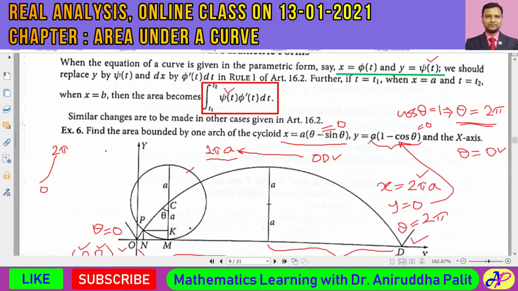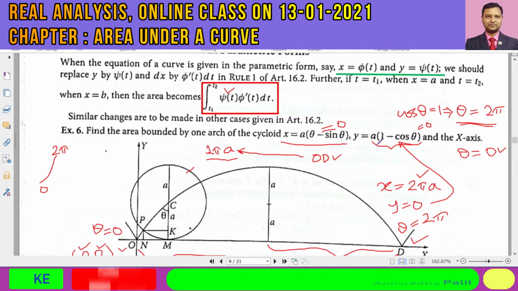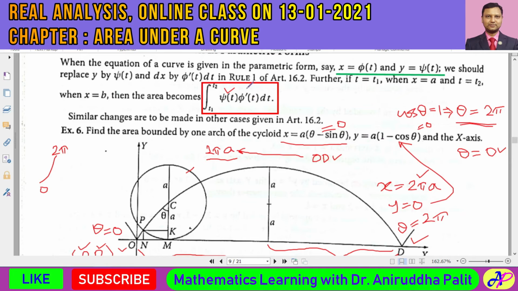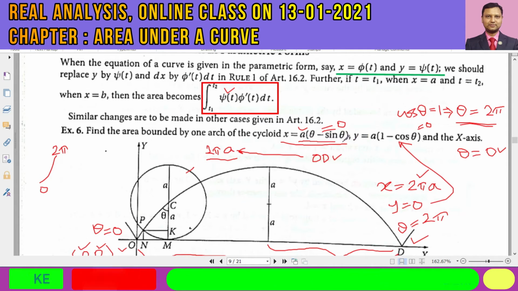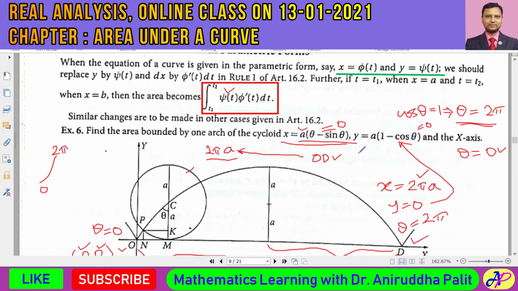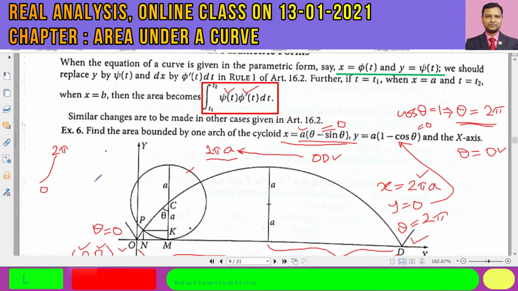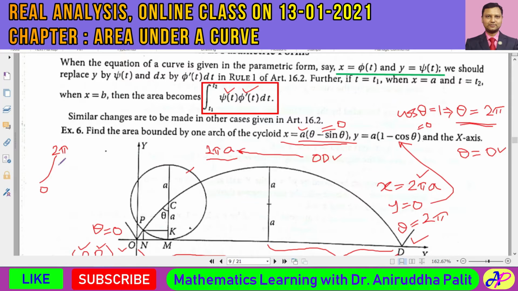Got it? And what is phi dash t? We can put phi t is equal to this expression, the expression of x. X is equal to a into 1 minus cos theta. So from this expression of x, we can find out the expression of phi dash theta. Over here, the parameter is not t, so integration should be written in terms of theta.